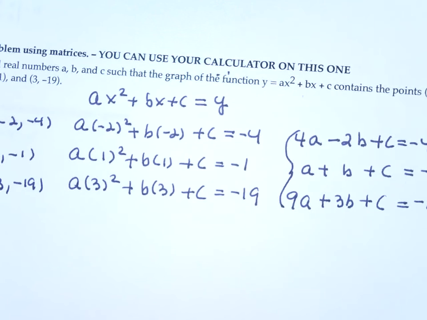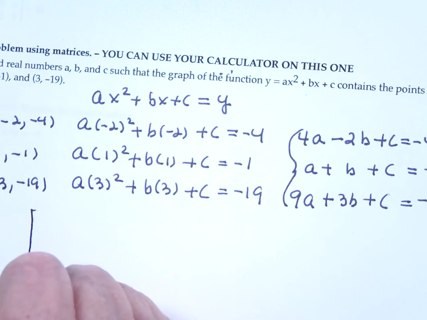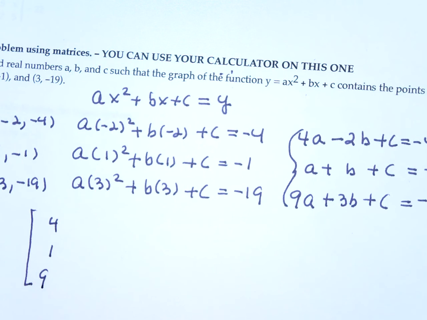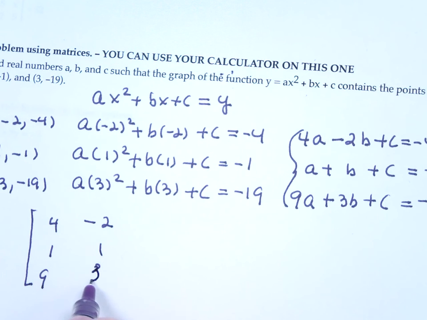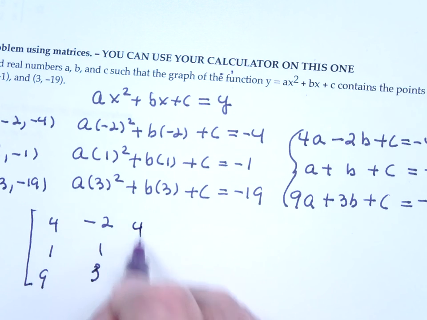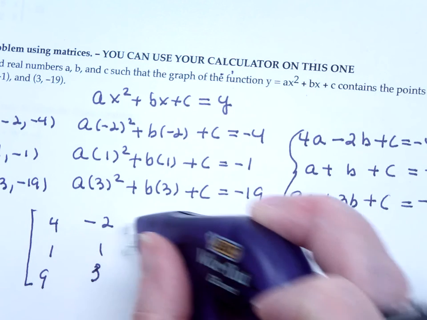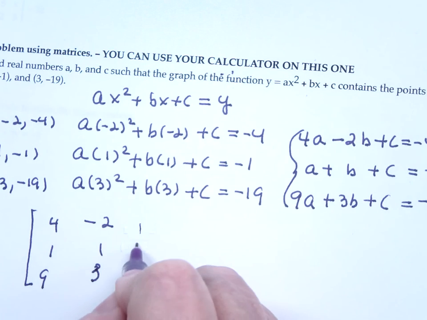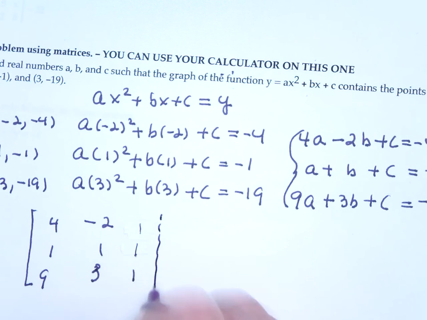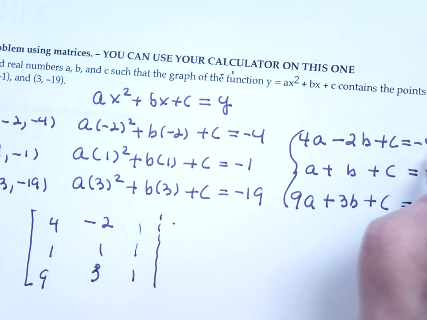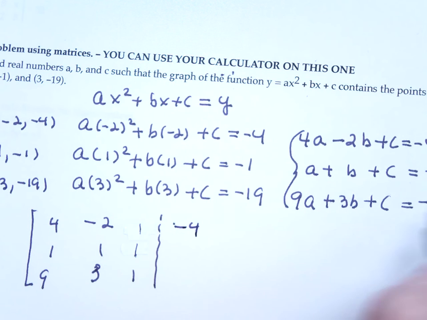Now, from the system, I'm going to get a matrix: 4, 1, 9, negative 2, 1, 3, 4, negative, whoops, I'm in the wrong place, 1, 1, 1, and then this should be a negative 4, a negative 1, and a negative 19.